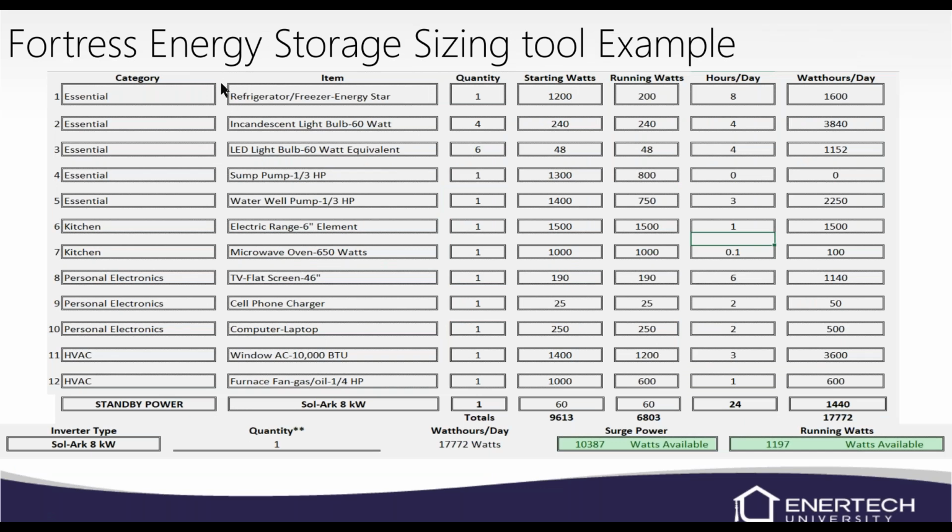It's going to be pretty imperative. And then once we get this chart filled out, there's another sheet on the Fortress website where it will then again tell us, okay, you need this many inverters and this many batteries to handle a day of backup battery.